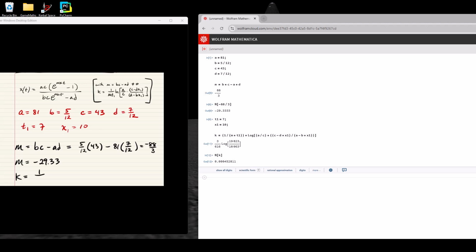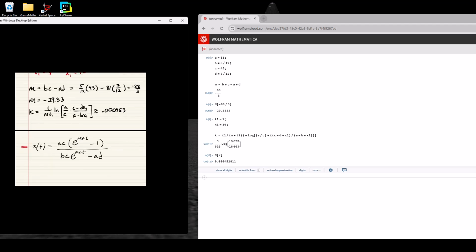K is 1 over m times t1 times the ln of a over c multiplied by c minus dx1 over a minus bx1, and putting in all those values that I have, I get 0.00045, let's say 3 approximately.